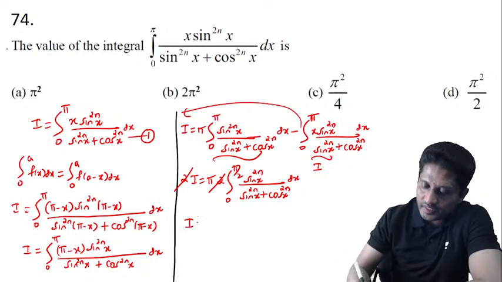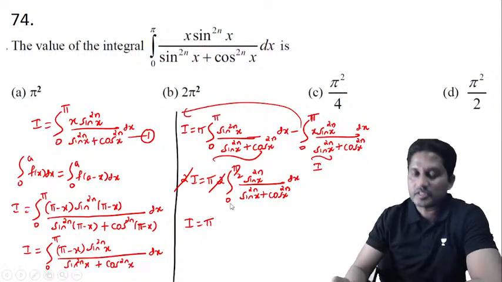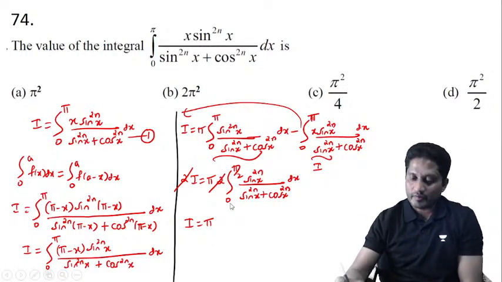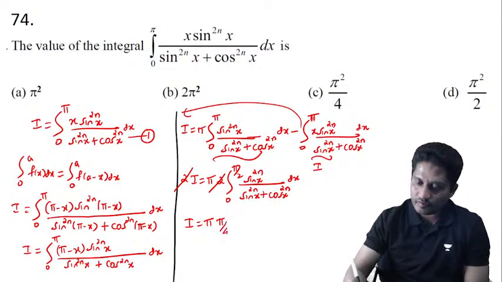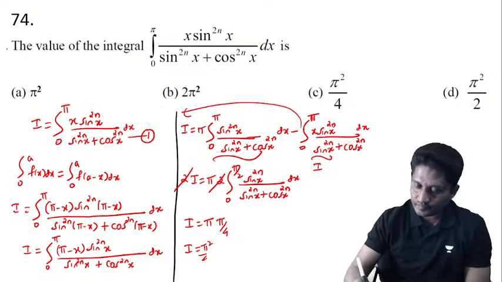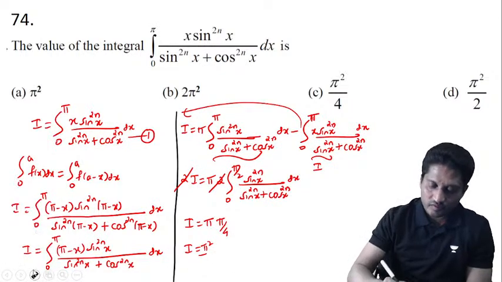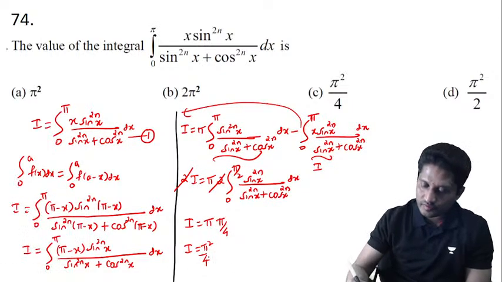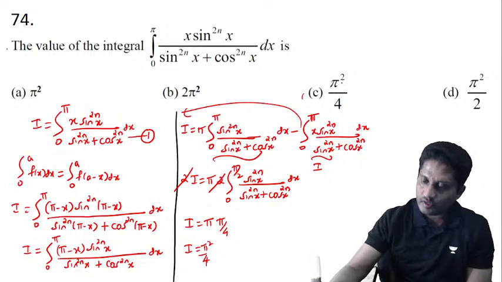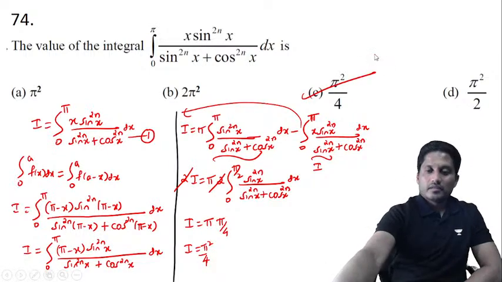I is equal to pi times the integral with limit 0 to pi by 2 of sin and cos with any power. Answer will be equal to pi by 4. So I is equal to pi square by 4. Answer is option C.